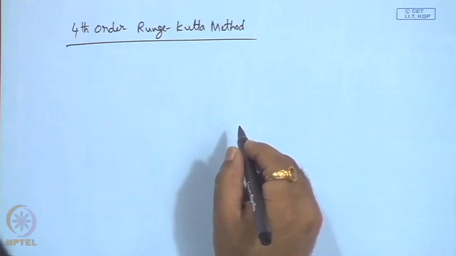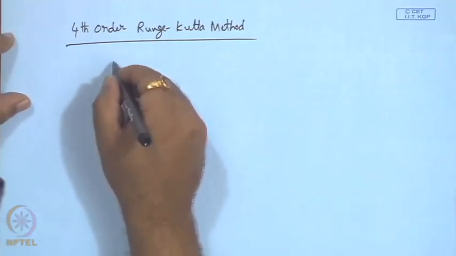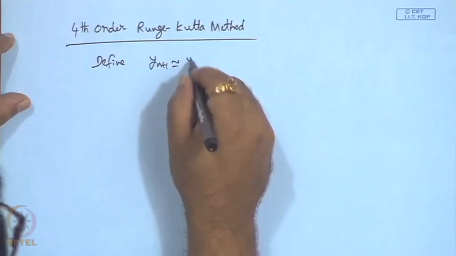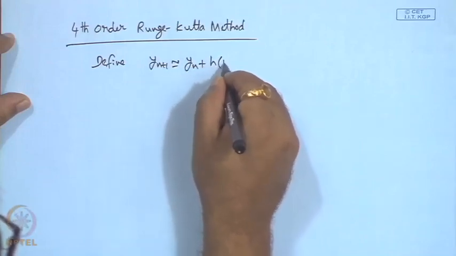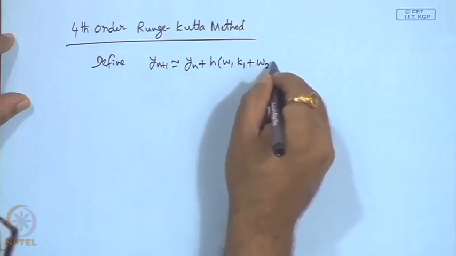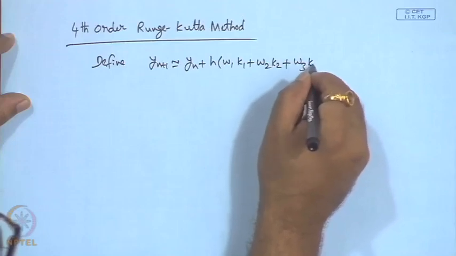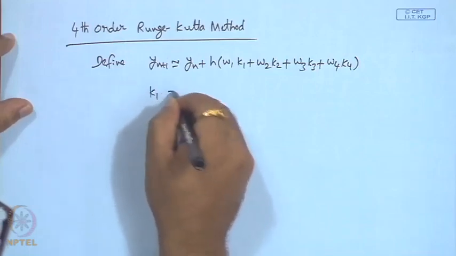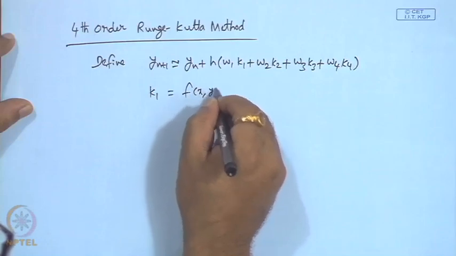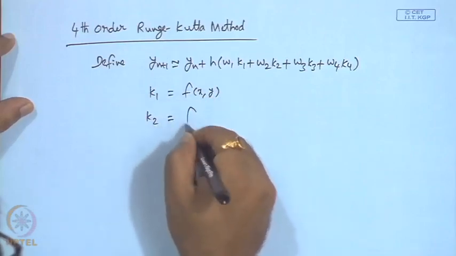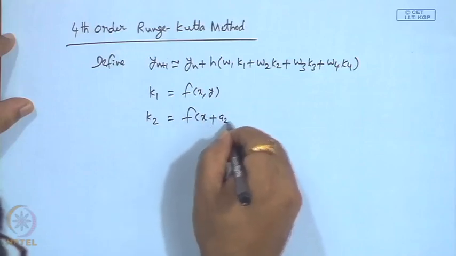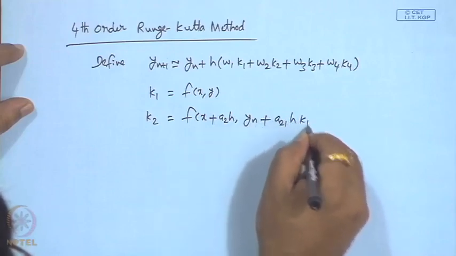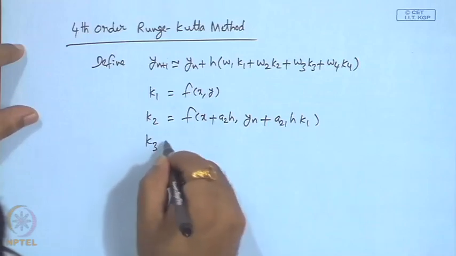So, this is a fourth order RK method. So, we define K 1, K 2, K 3.